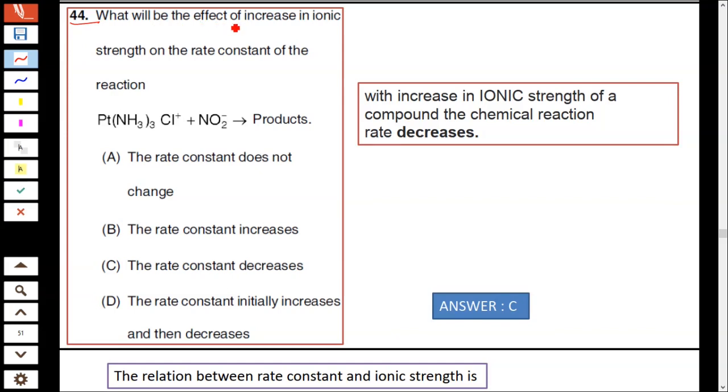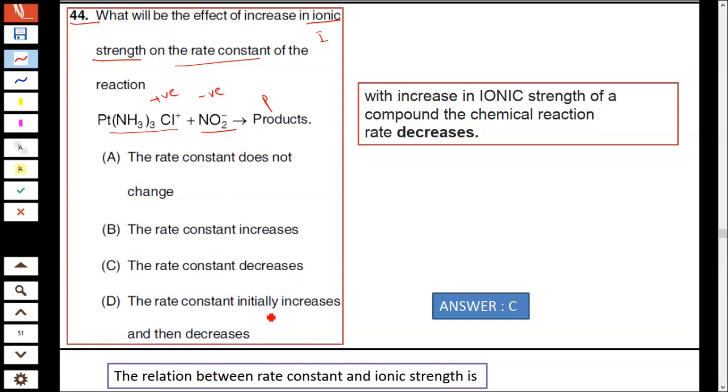Question number 44. What will be the effect of increase in ionic strength I on the rate constant of the reaction? The reaction was given in which one reactant has a positive charge and another reactant has a negative charge, which gives product P. The rate constant does not change. The rate constant increases. The rate constant decreases.